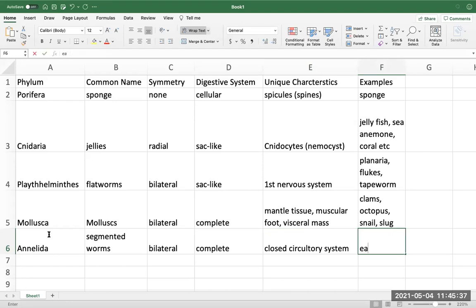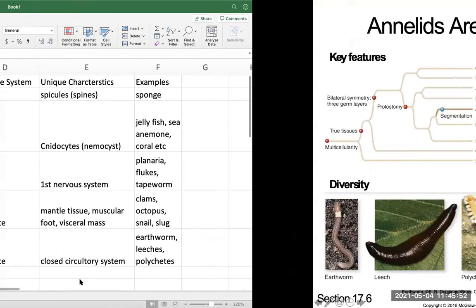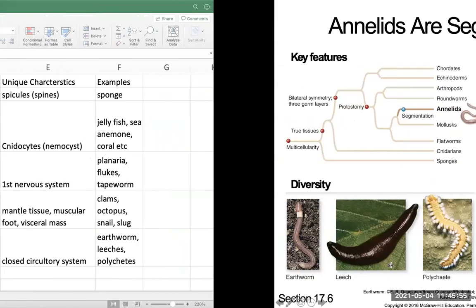And examples, earthworms, leeches, polychaetes. No A. There is A.